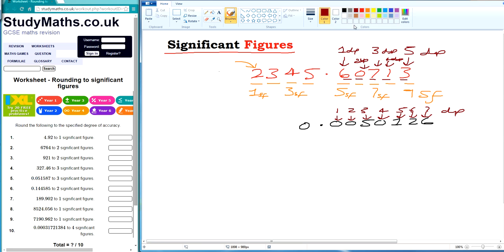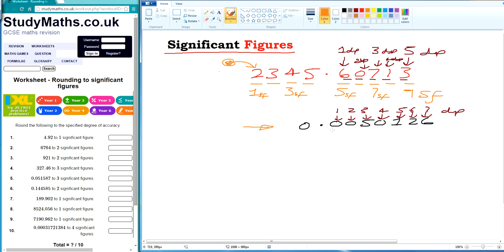Now, let's have a look. Use the same color orange now. So if you look at this number at the bottom, where is your first significant figure? Remember, when you check the number, always start from the left-hand side. Is 0 a significant number?